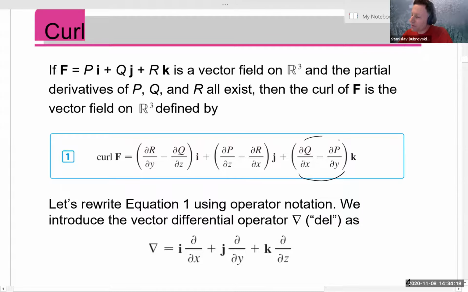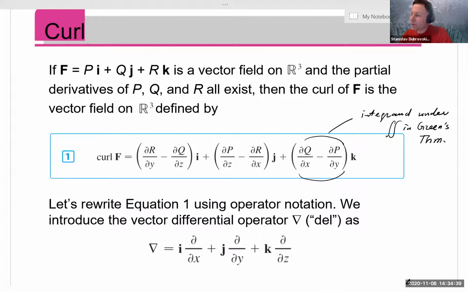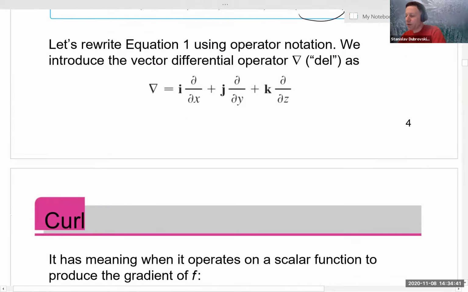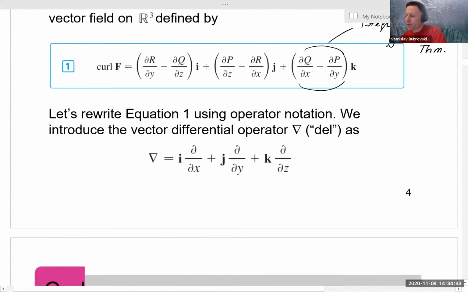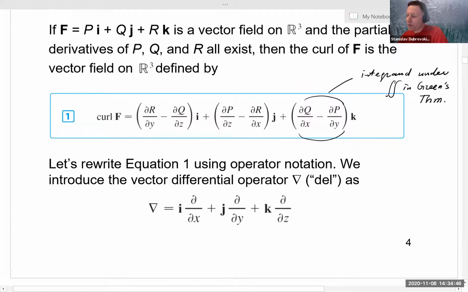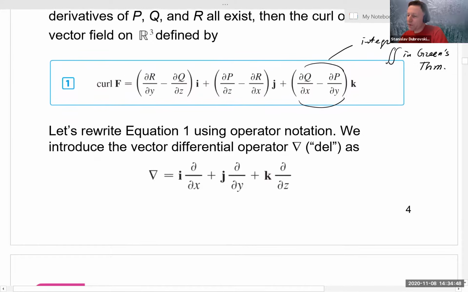That's the familiar integrand under the double integral in Green's theorem. So that should get you thinking of the relationship with Green's theorem. And indeed, we'll develop it later. But first, how do you remember this formula for the curl?